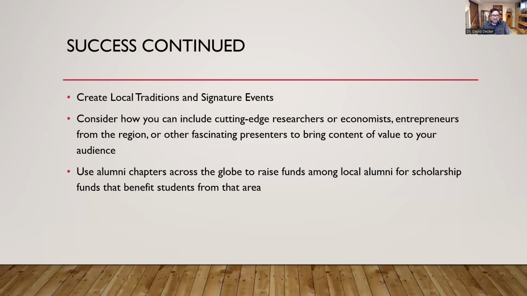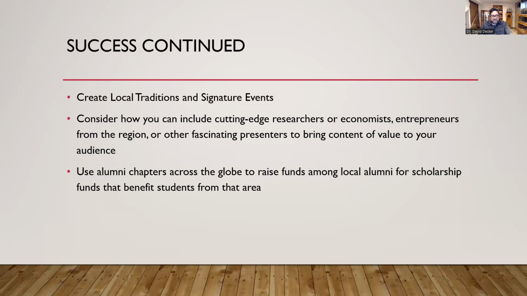Use alumni chapters across the globe to raise funds for local alumni scholarships that benefit students from their area. So give them a reason to give that isn't just feeling like you're sending money to the United States. Give a reason to give that's going to allow them to give the same experience they had to a student from their area.